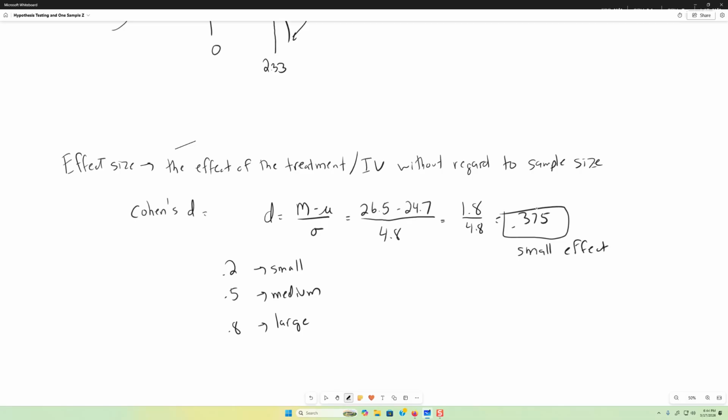The treatment seemed to work, not tremendously because it's only 0.375, but it worked okay. It's not down at 0.1 or 0.0-something. It's not being driven to significance by just the sample size. So that's important to notice. A lot of editors and reviewers are going to want effect size moving forward. It has become more popular to report when you're trying to publish.